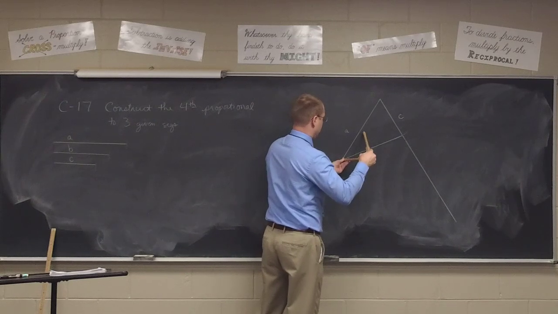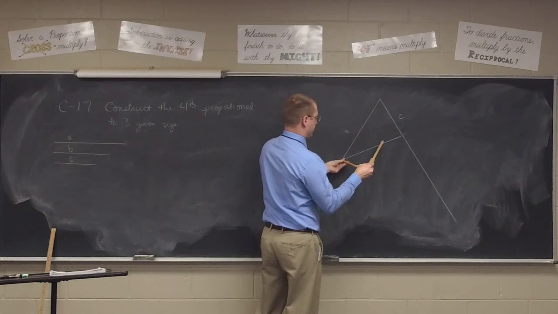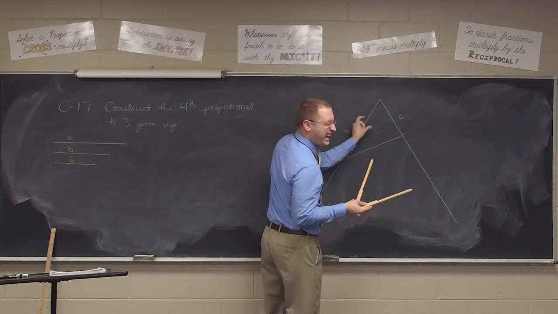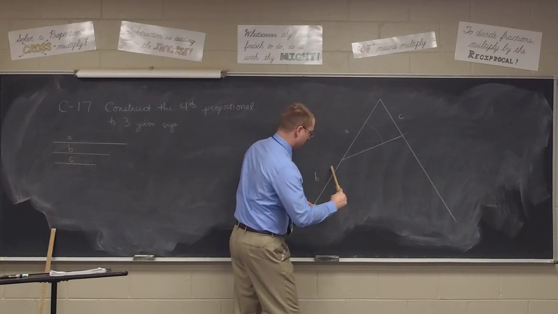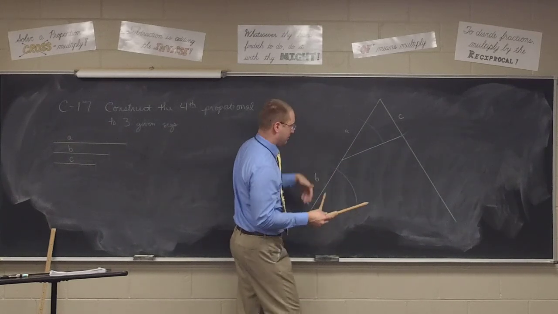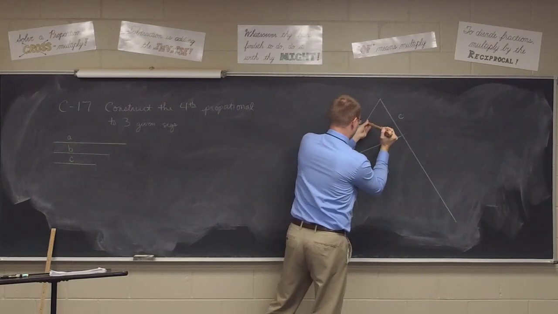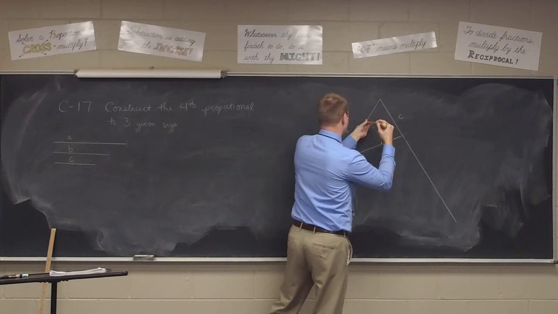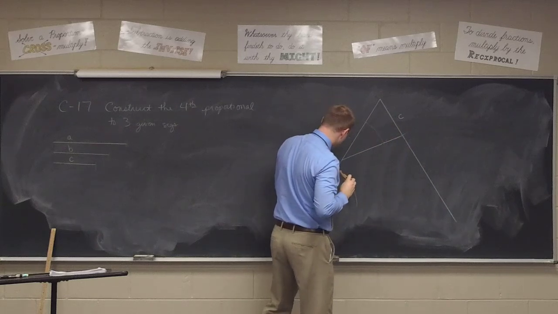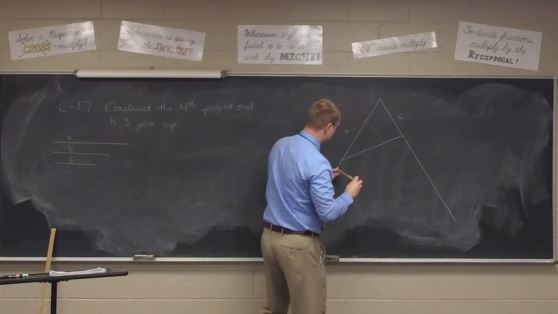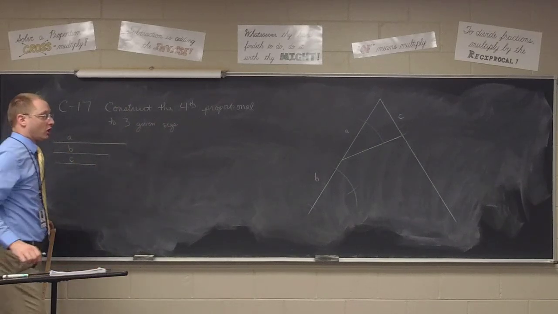Remember, I'm going to extend my compass just a little bit since it's a small angle. A bigger compass makes up for that, so I don't have a teeny tiny arc to measure. But we want to make sure it still stays within the confines of segment B. Make that arc, measure it, make another arc, measure that.